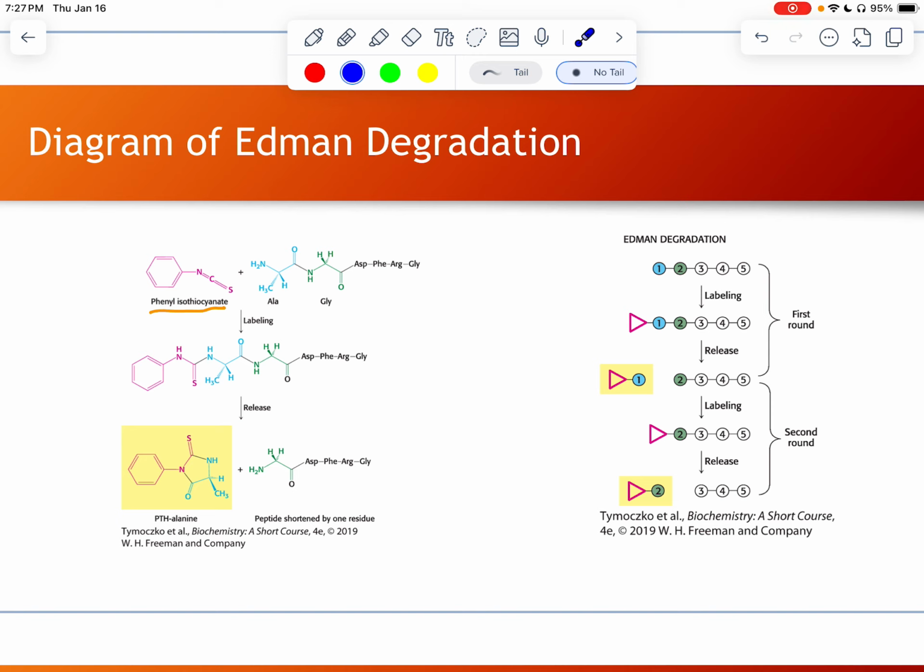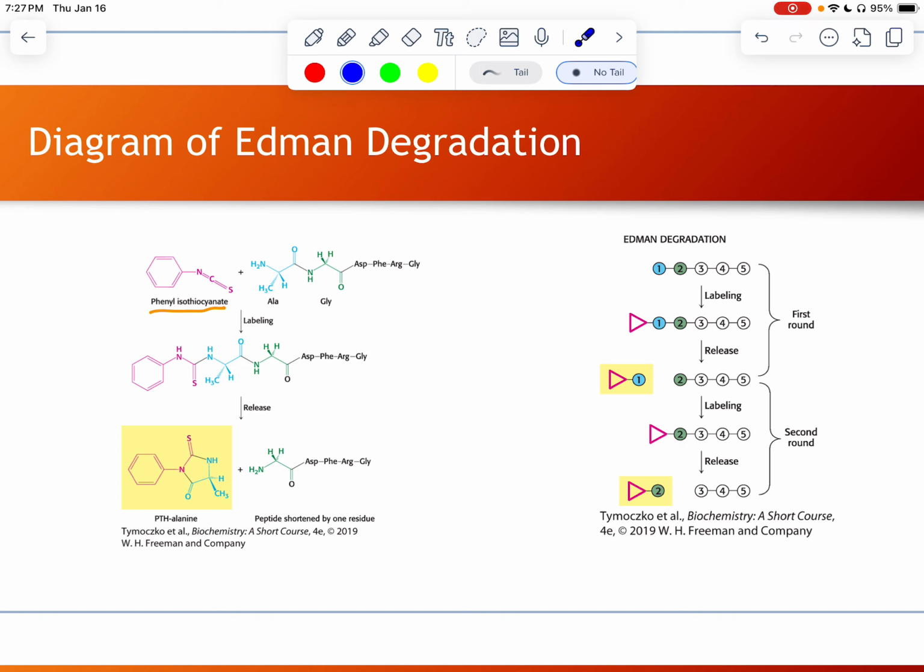And then we can release it. We can break that one amino acid that was the N-terminal off without messing up or hydrolyzing the rest of the amino acid sequence. And so now I can do some analysis and figure out what amino acid that is, and I have a new N-terminal.